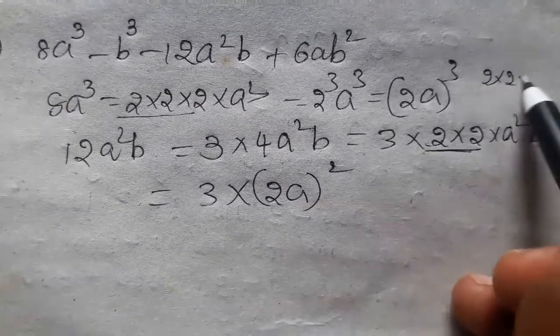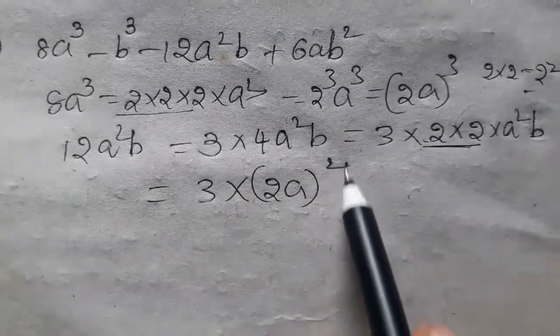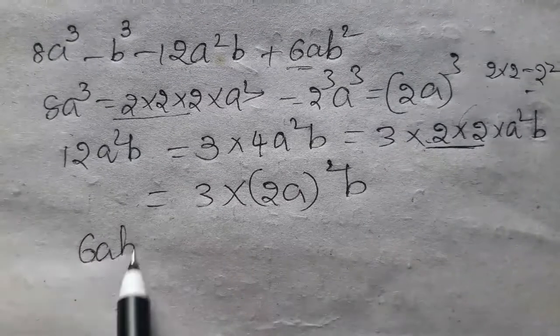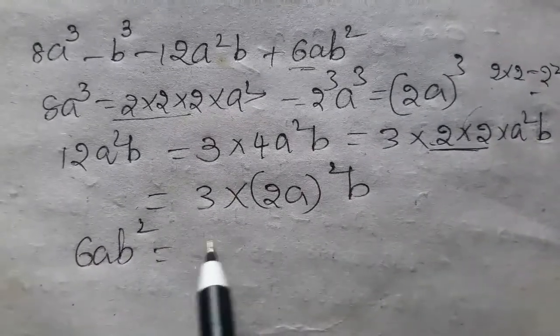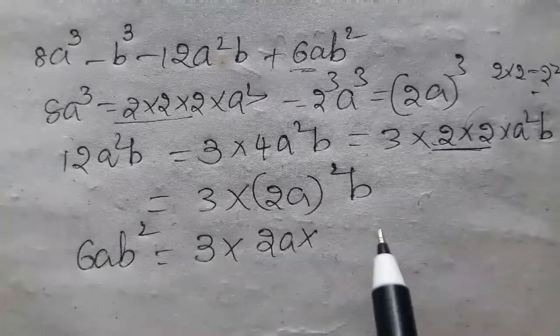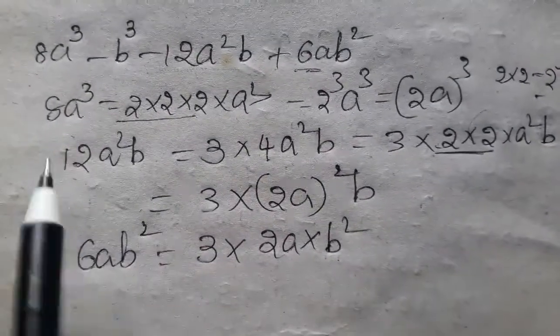So 2 into 2 can be written as 2 square. So both are taken inside. To b, this term can be written as 6ab square. That means 3 into 2a into b square. Are you understood all of you? Clear this? Now, which identity is there?